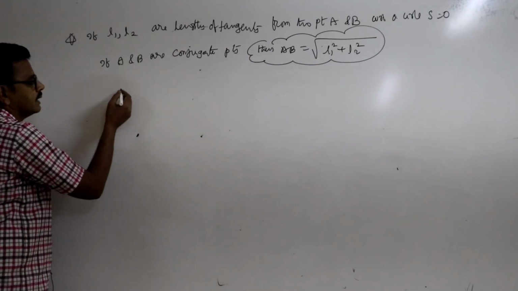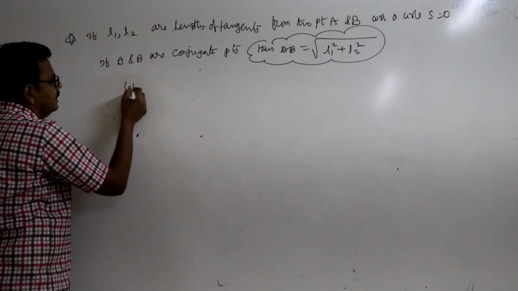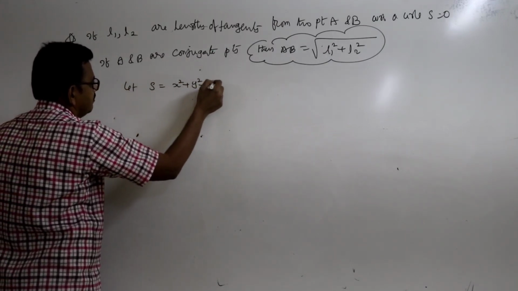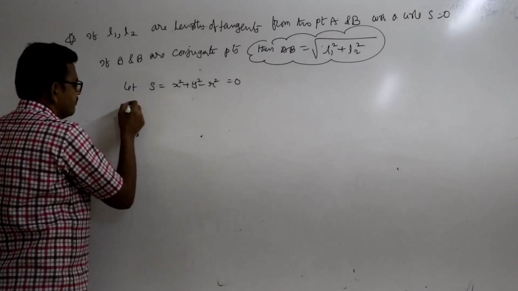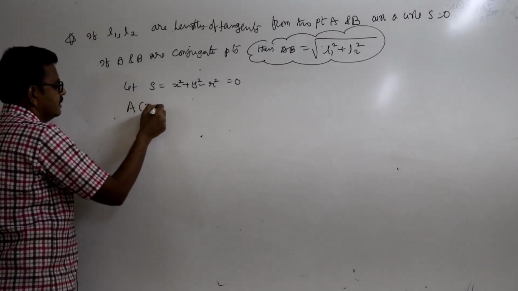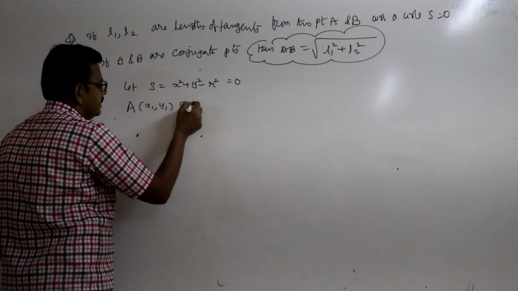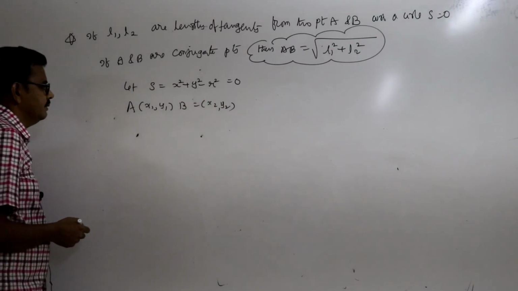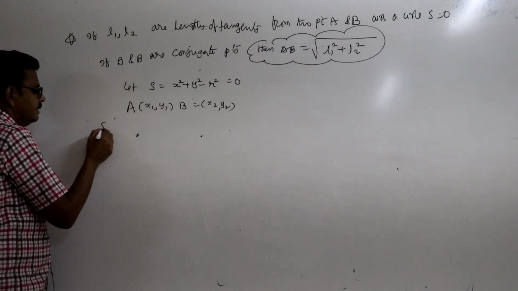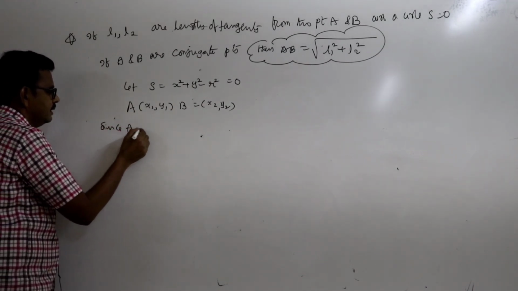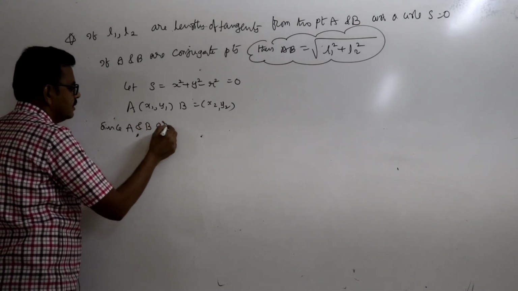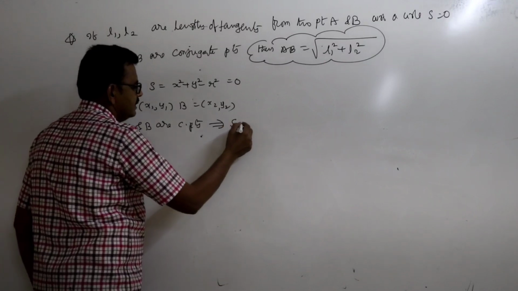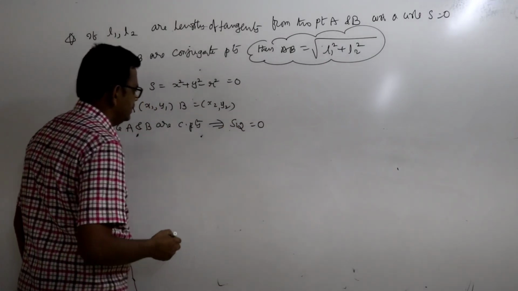Now you can take a circle with the center 0, 0. Let S is equal to x square plus y square minus r square equal to 0, and A (x1, y1) and B (x2, y2). Given A and B are conjugate points, the condition for conjugate points is S12 equal to 0.